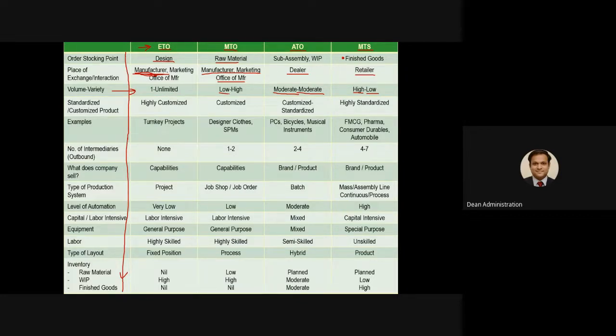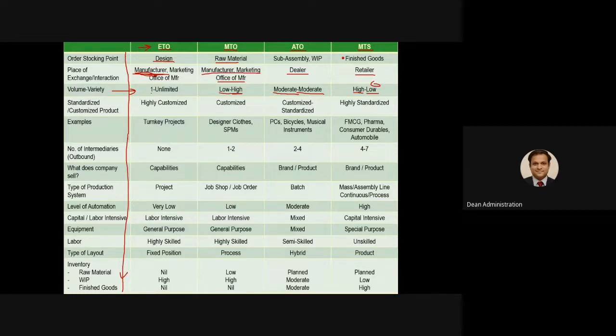You have to take orders, but they are high value orders. Please understand that. Here the volume is high, but the cost is low. But here the volume is low, but the cost is pretty high. They're high value products, whereas here the value is typically low. So here you have higher amounts of variety.